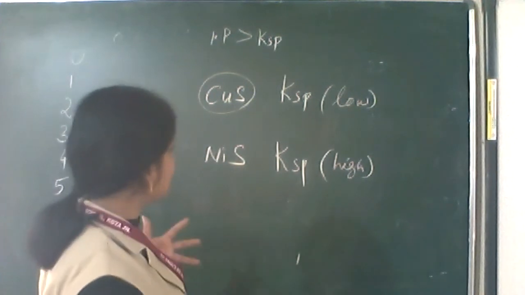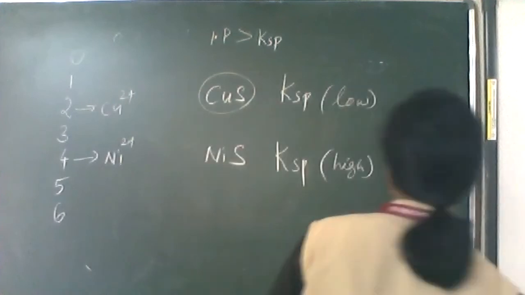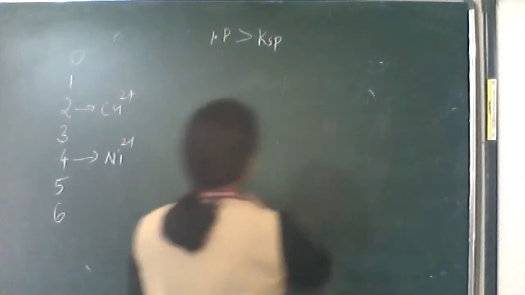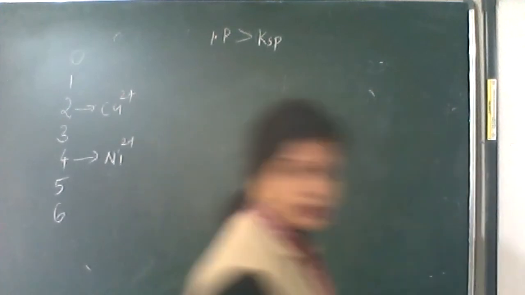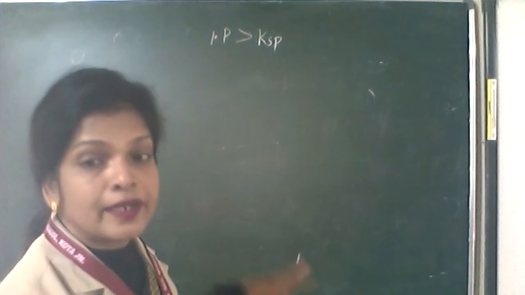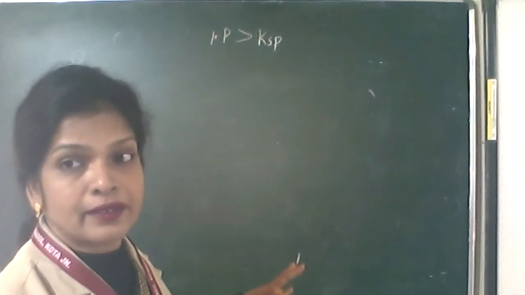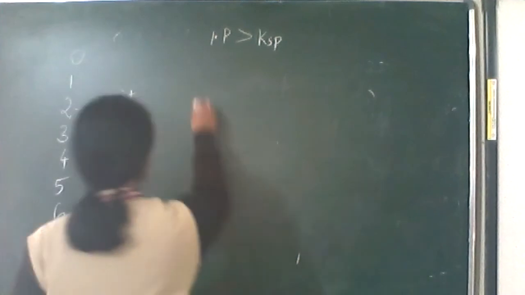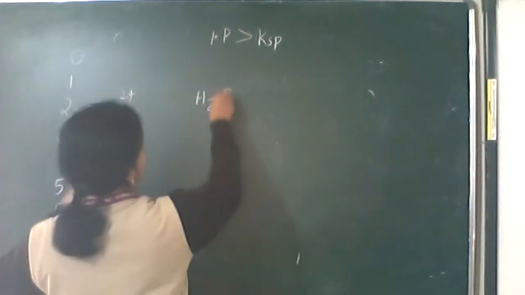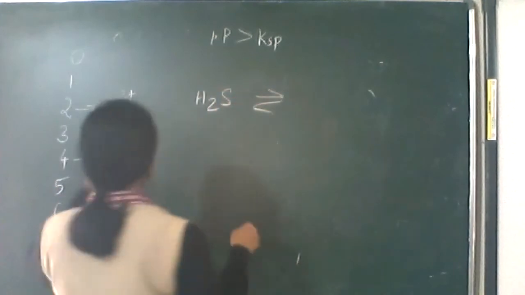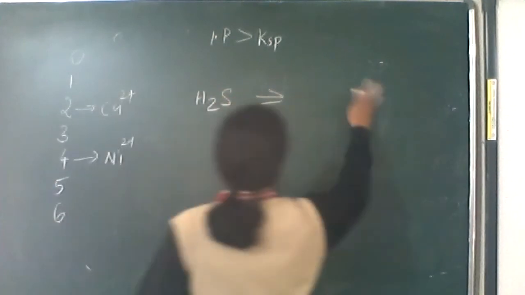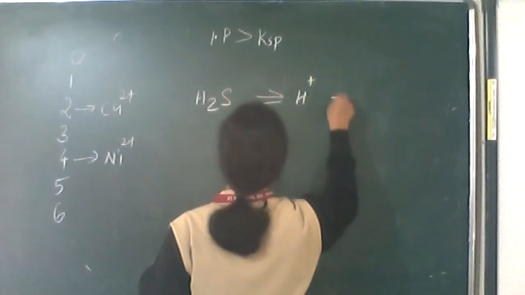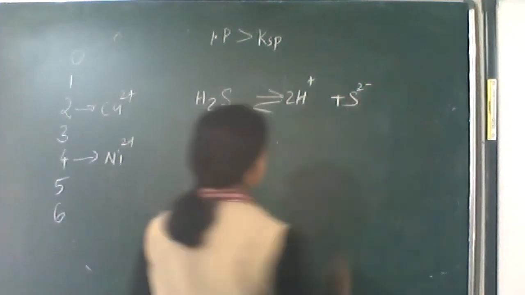So how can we make that more amount in an equilibrium, to exceed that solubility product? To exceed the solubility product, the ionic product that you are putting should be higher. For example, for this you are adding H2S. H2S dissociates in the form of H plus and S2 minus.